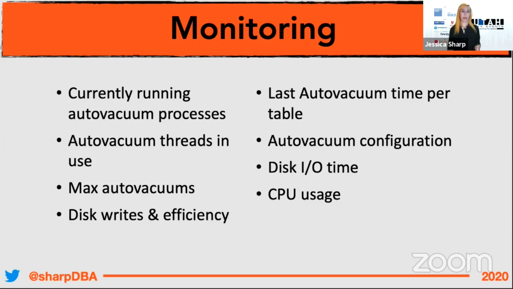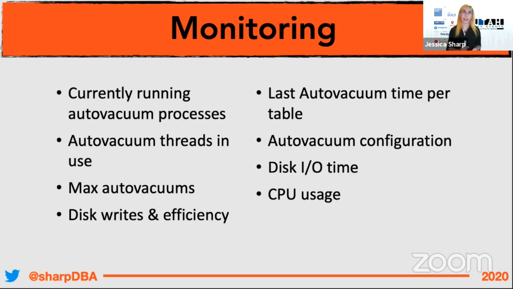So you also want to keep an eye on disk writes and the efficiency of those disk writes. This goes back to when we were looking at our files, blocks, and memories slides. If your disk writes are high, and okay, how do I know if it's high, Jessica?